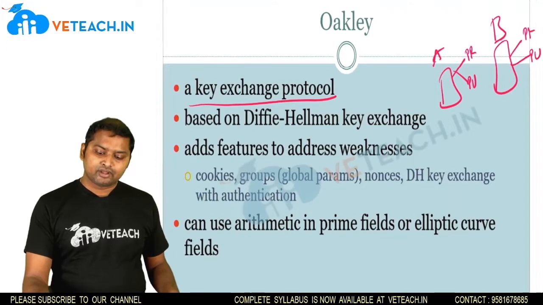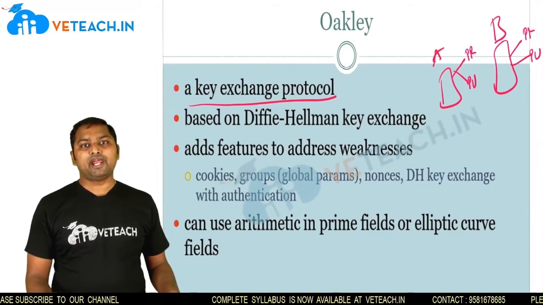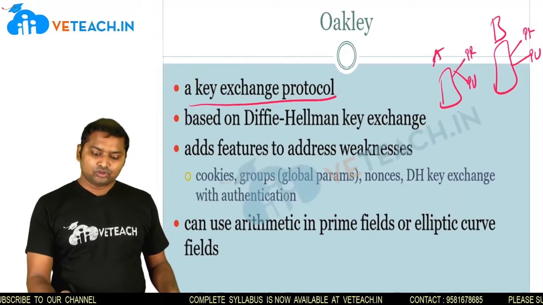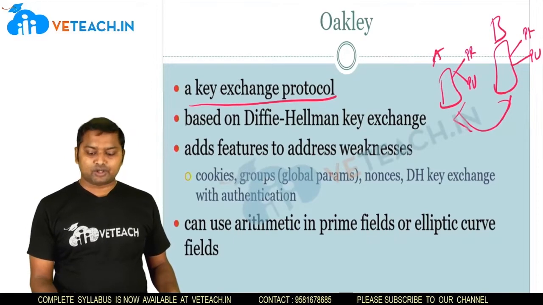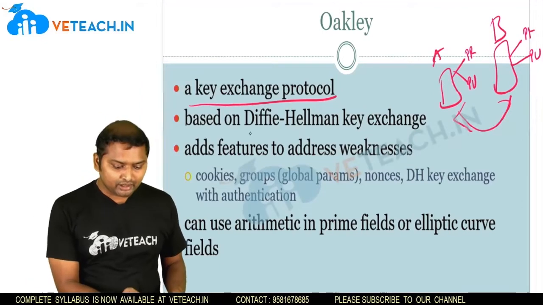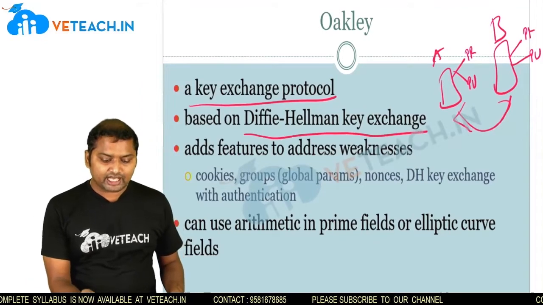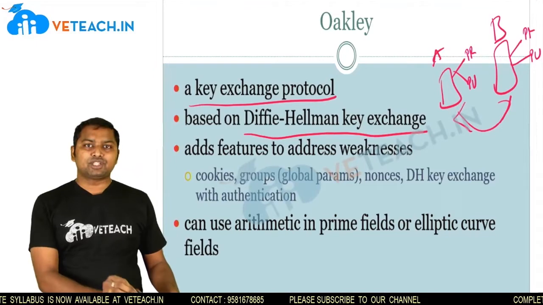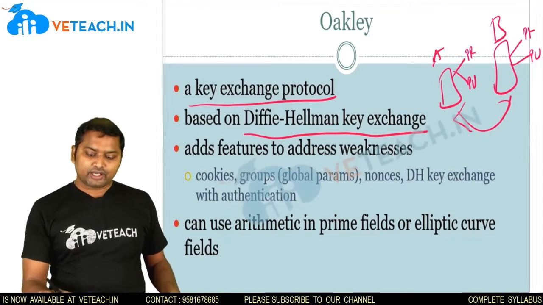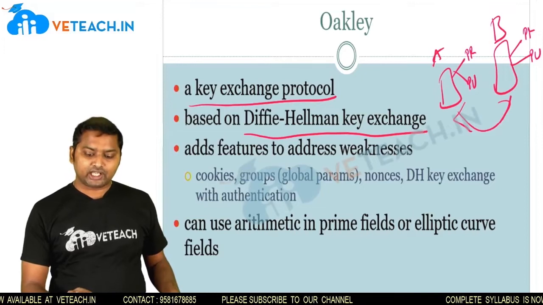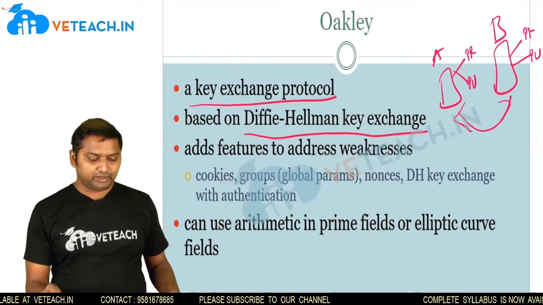Similarly, B has a private key and a public key. Both are exchanging, and that exchange process is implemented by using the Diffie-Hellman key exchange. By using this procedure, you are exchanging the keys of A and B.